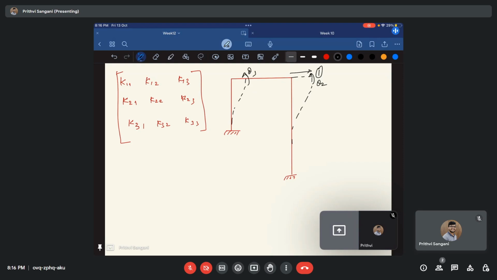So this is theta 2, and this is delta 1.